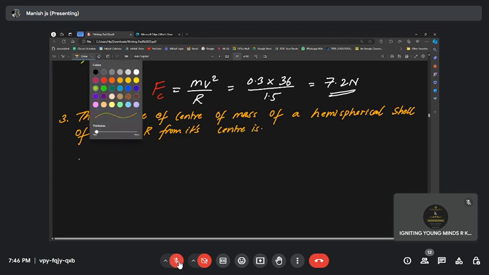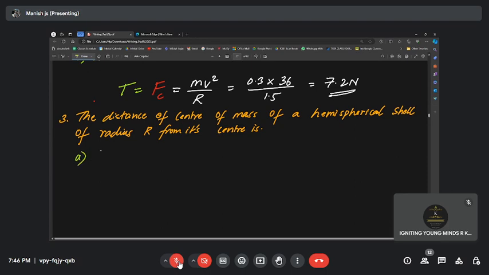So here are the options. Option A, r upon 2. Option B is r upon 3. Option C is just r, and option D is 2r by 3.